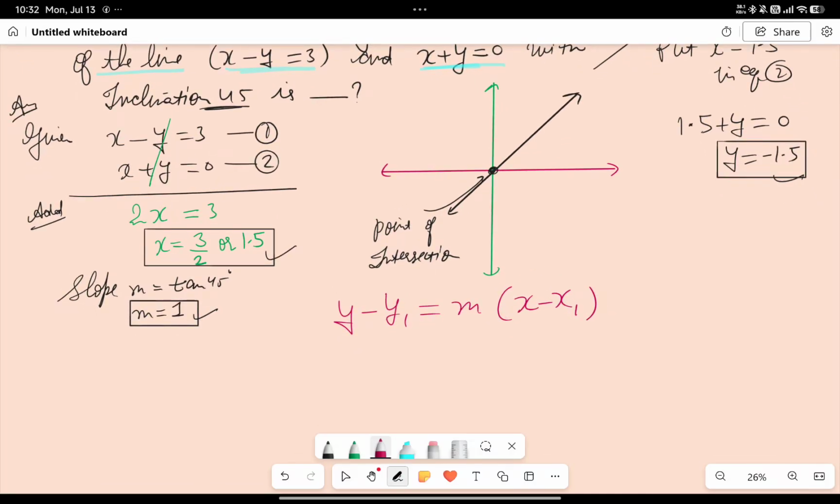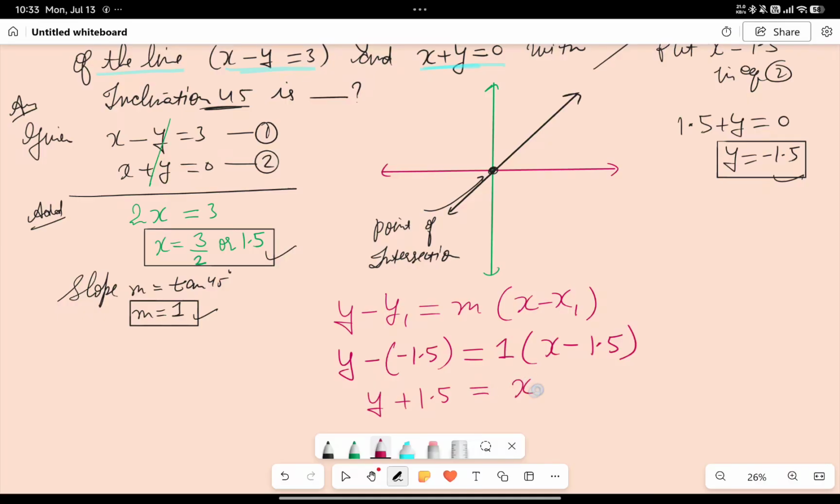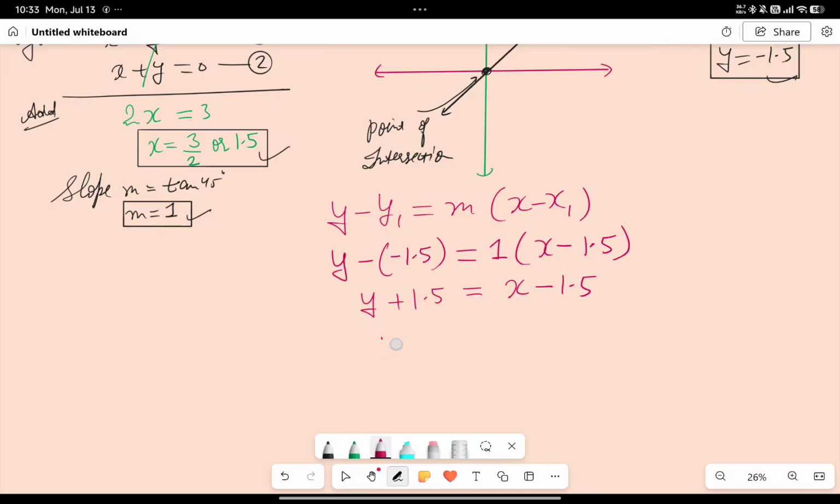Now y minus y1, which is minus 1.5, equals m, which is 1, times x minus x1, that is 1.5. Always use brackets so that your answer is error free. So x minus 1.5.